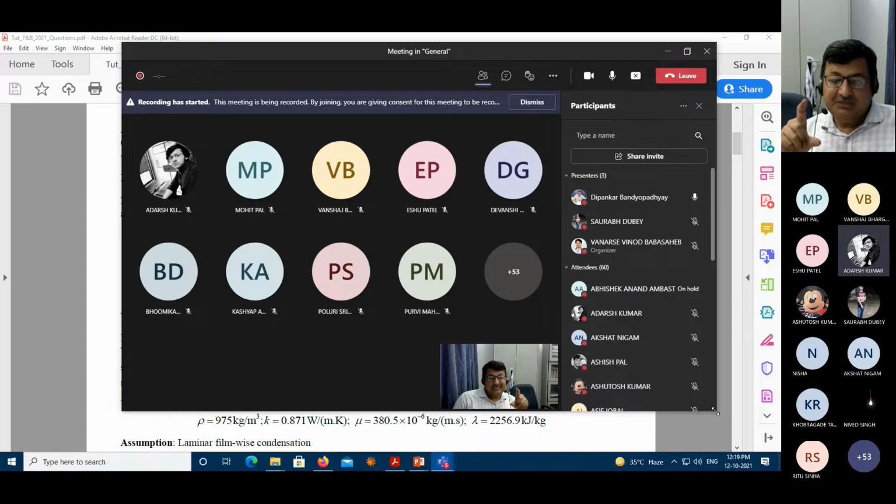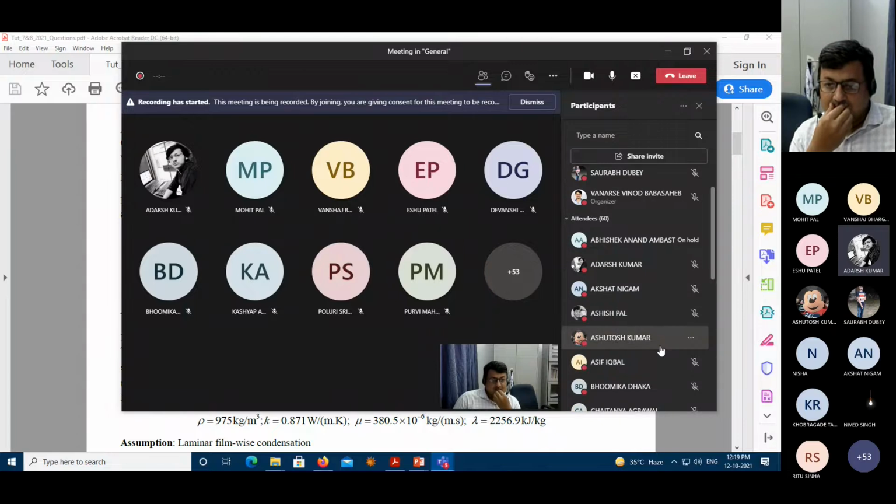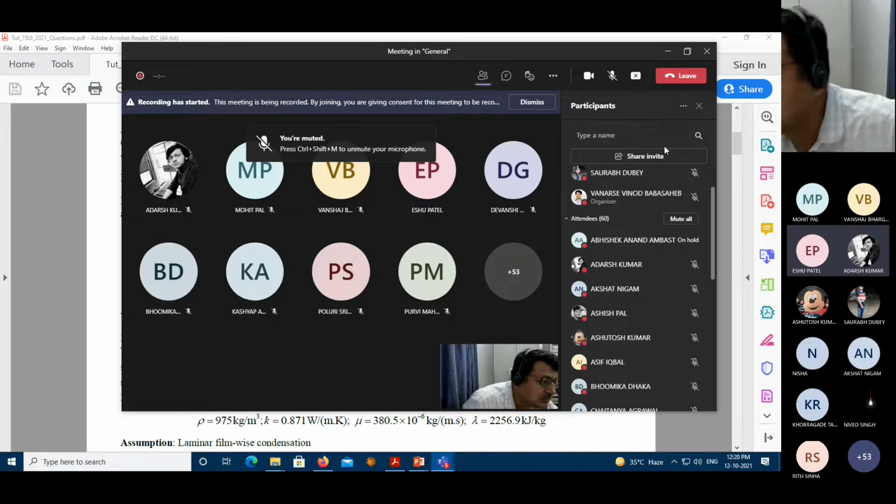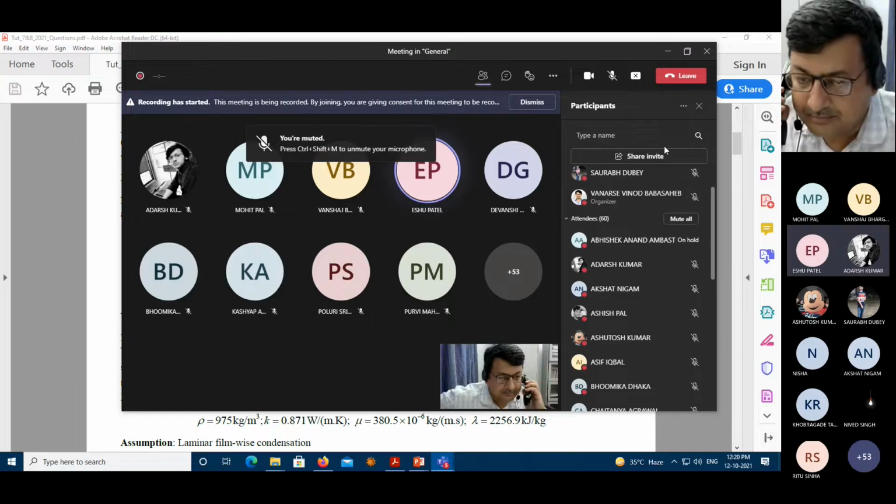That measure you will get if you divide Q by lambda. Correct? So how much is it coming? So 7.799 kilogram per second.